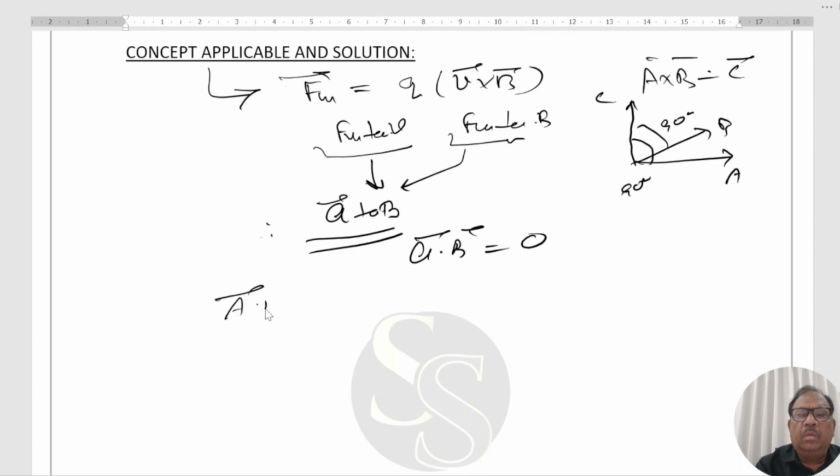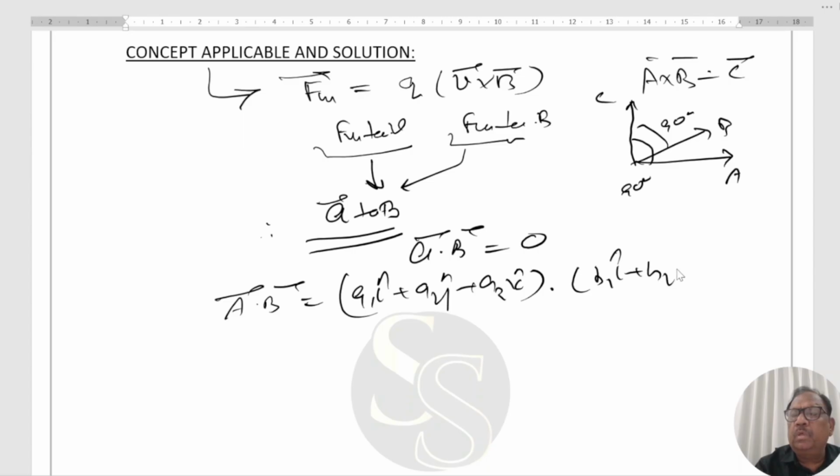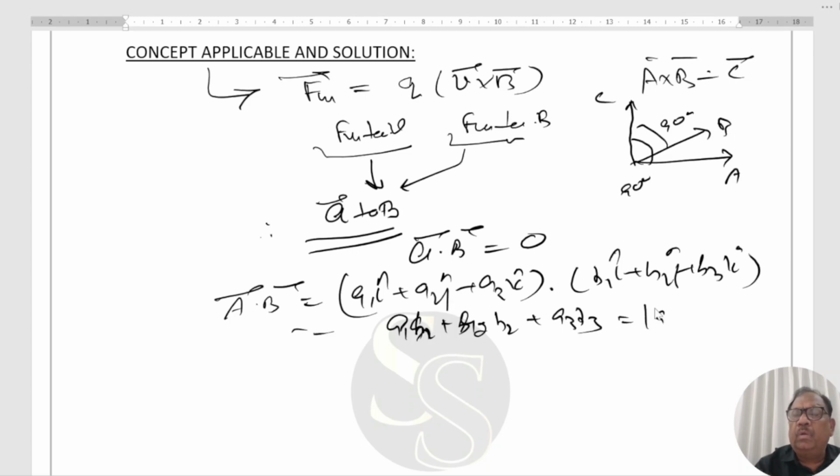A dot B is given by A1i plus A2j plus A3k dot B1i plus B2j plus B3k equal to A1B1 plus A2B2 plus A3B3. This is also equal to magnitude of A, magnitude of B into cos theta.